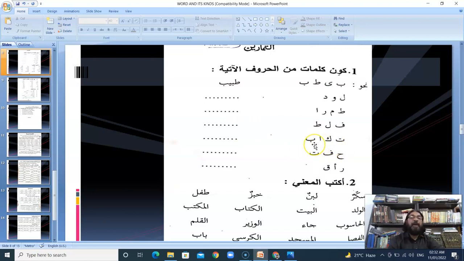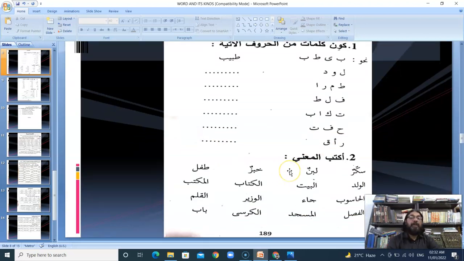Ta kaf alif ba, it will become kitabun, a book. Ha fa ta, fataha, he opened, simple past. Ra hamza qaf, qara'a, he read, simple past.